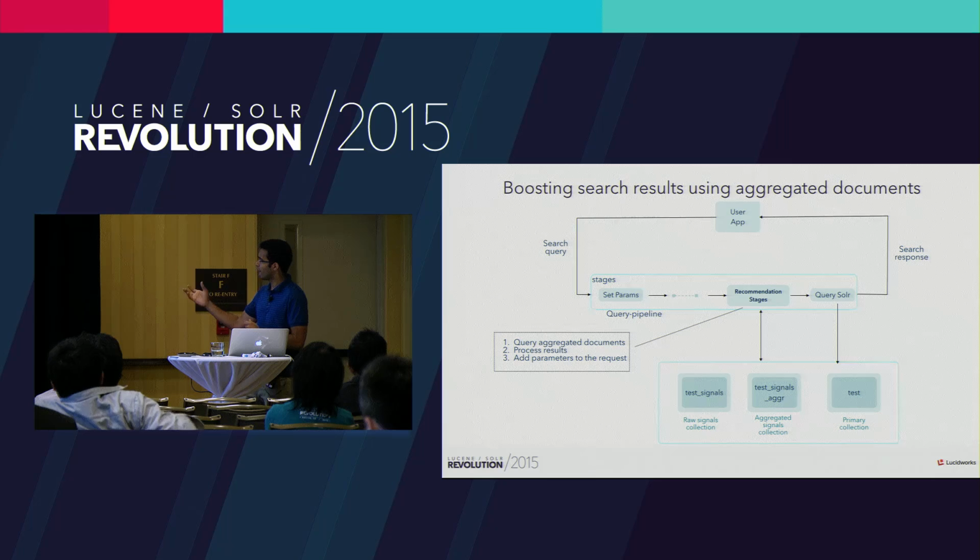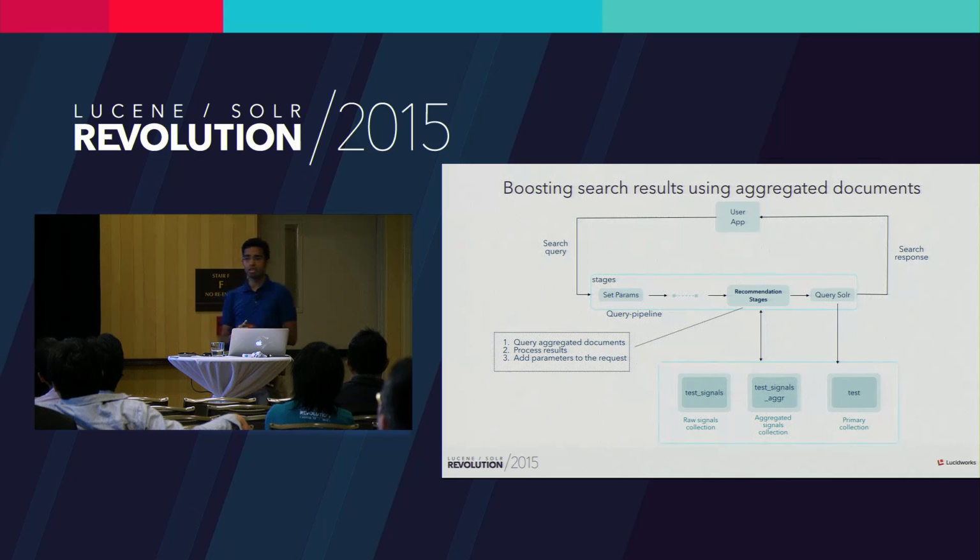So what we have here is a signals collection and an aggregated collection. Let's say I have a user app that is making a query to my catalog. When the query comes in, it is submitted to query pipelines and goes through a series of stages which are customizable and set by the user or your search admin.